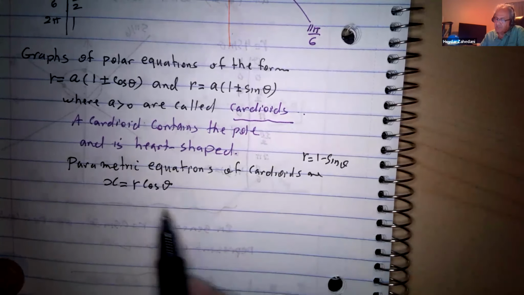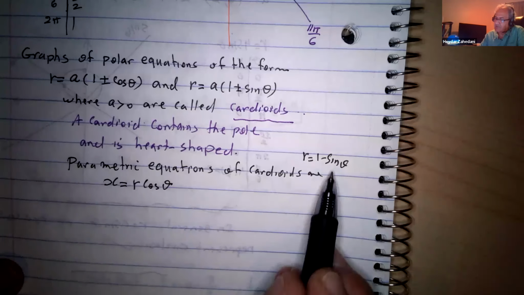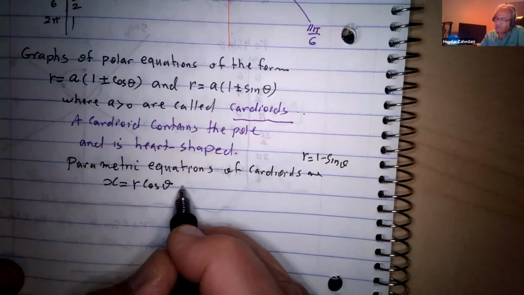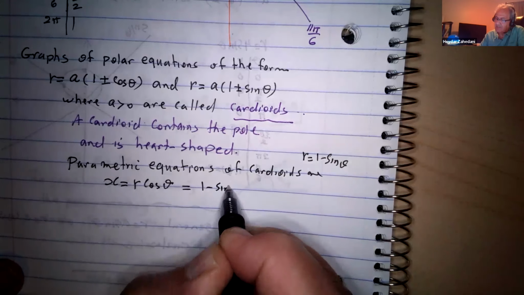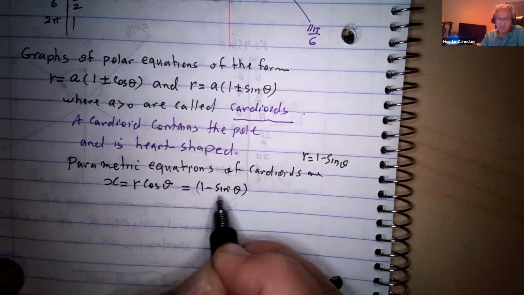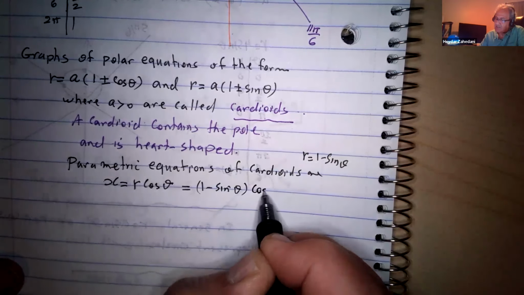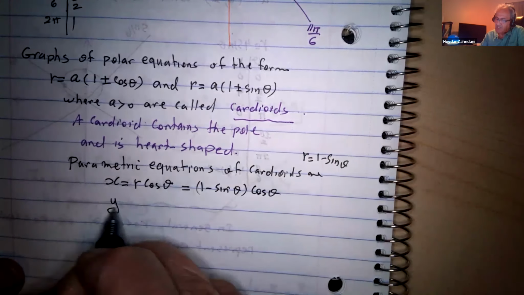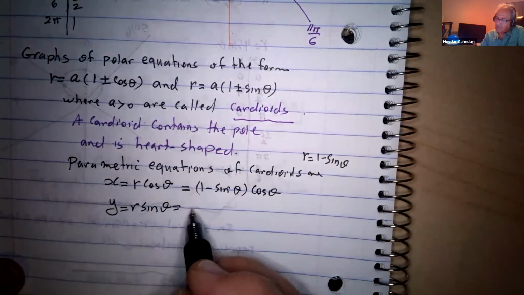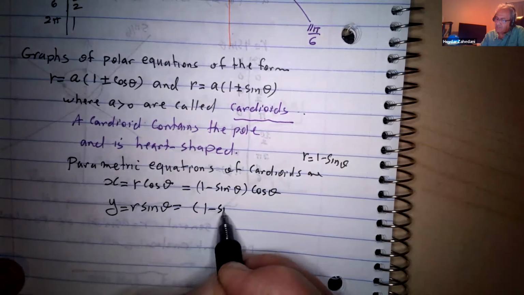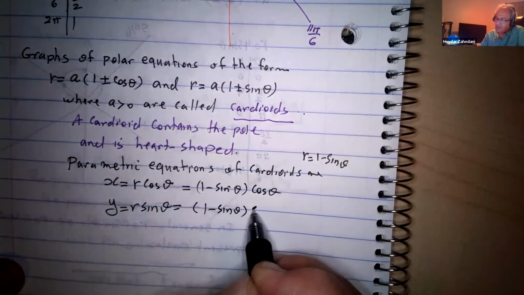The one that I have over here, x is r cosine theta. You substitute for the r, because we are going to use this one for solving a couple of problems in future. And y is equal to r sine theta. So we substitute for r, so that gives 1 minus sine theta times sine theta.